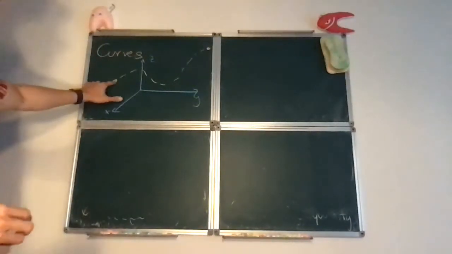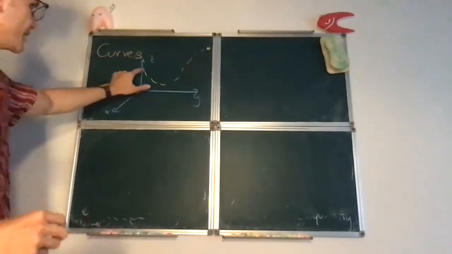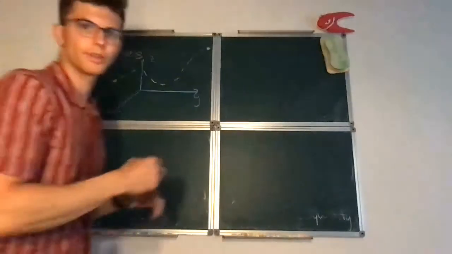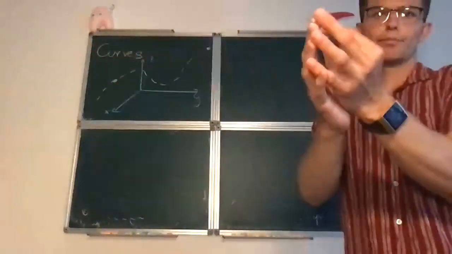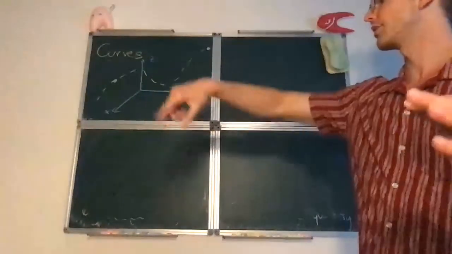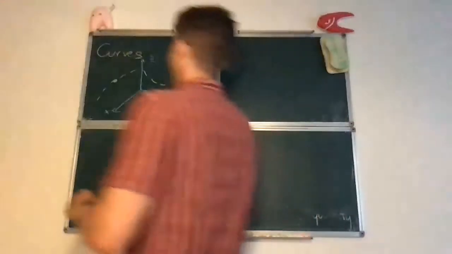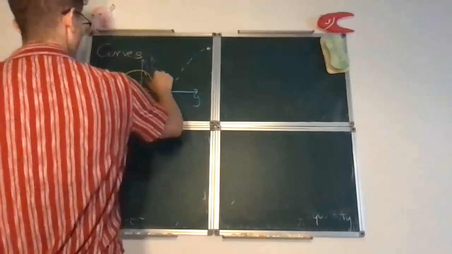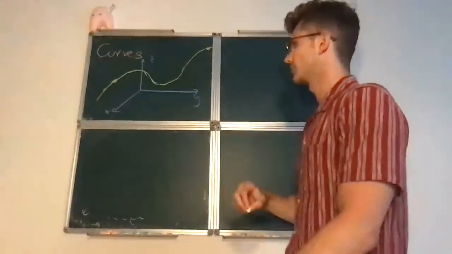At some time you had a particle, at another time the particle is here, another time the particle is here, then it's here. Again, you could take a photograph at each instant in time, put them all together, and you get the trajectory of a curve. You get just some curve in space. So I want to think of all the positions the particle takes as some sort of curve.